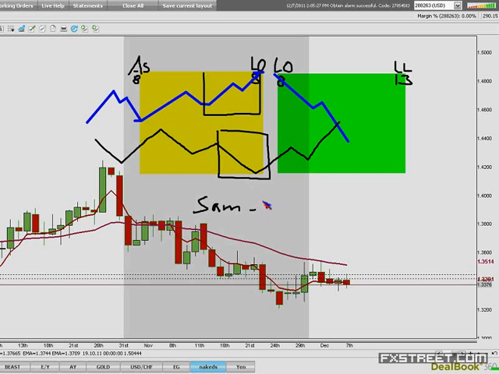Yes, 7:30 a.m. is a little pre-London trade. Okay? So if we're going to trade in general between, say, 6 a.m. London and 7:30, what trade direction should we be looking at by default?